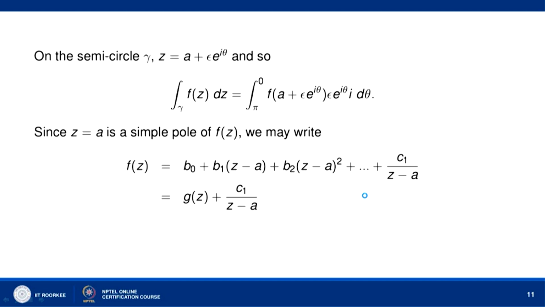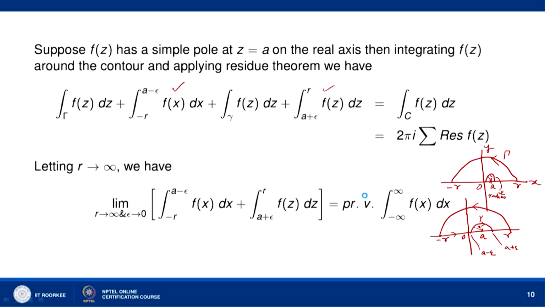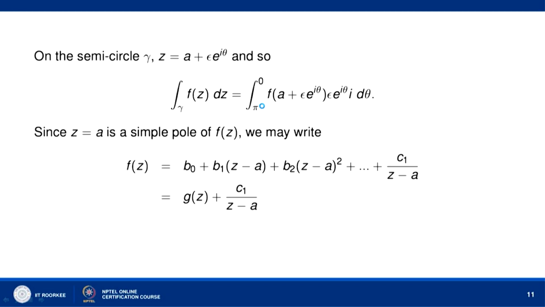Now let us see how we evaluate the integral along gamma. This is your figure: this is the integral over gamma, this is minus r, this is r, this is the x axis, this is the y axis, this is the point a minus epsilon, and this point is a plus epsilon.